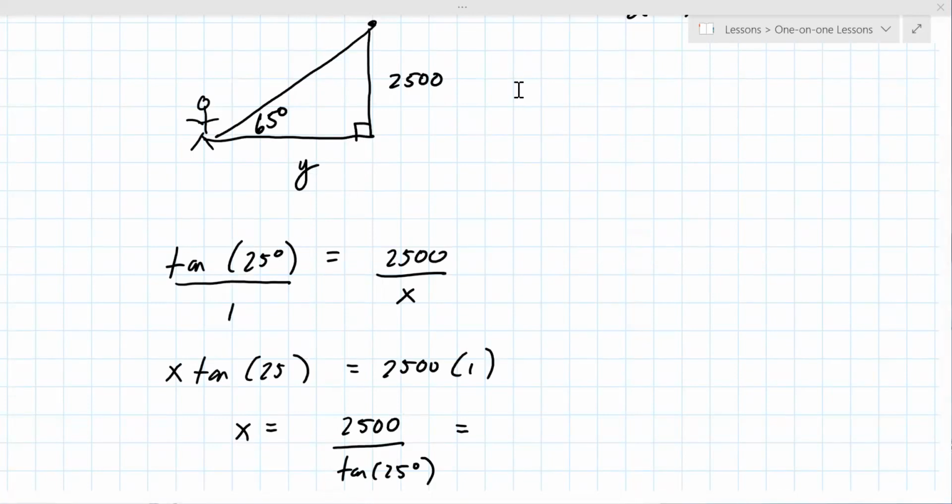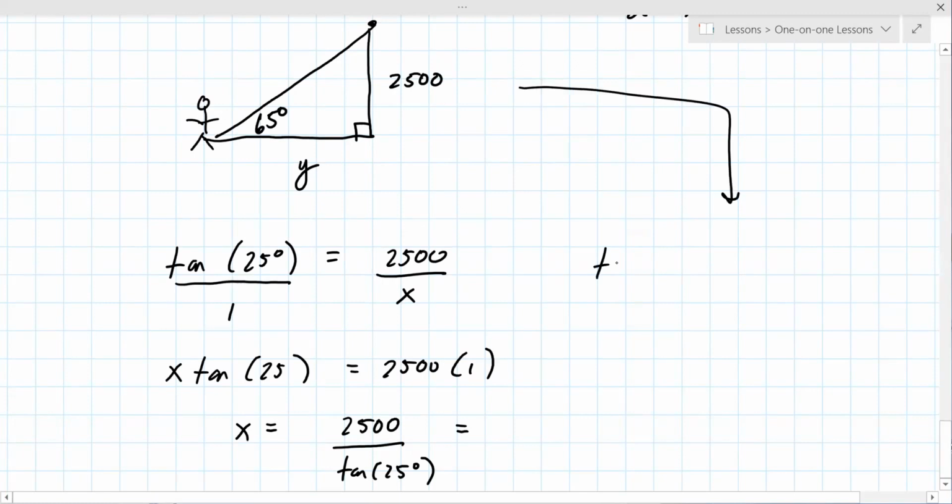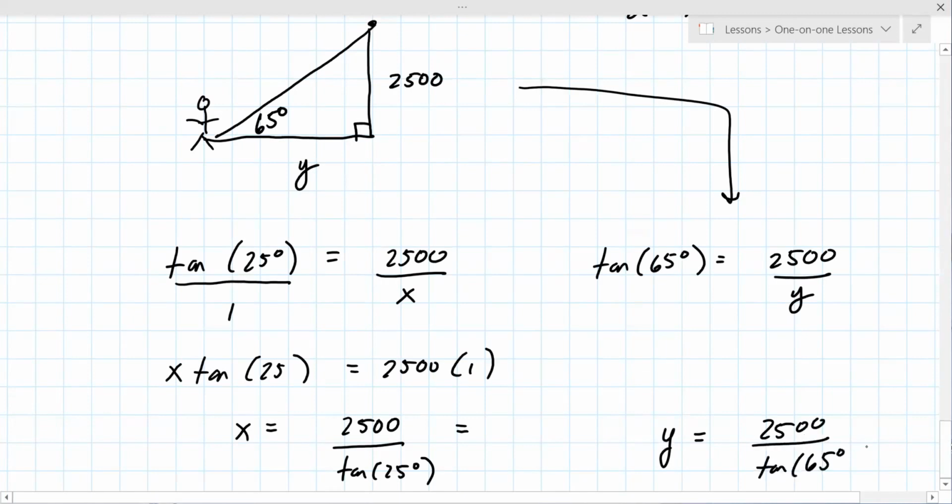So in this, we'll write this over here. So the tangent of 65 degrees equals 2500 over y. And it's the same steps to solve for it. See if you're comfortable getting down here to 2500 over tangent of 65. And these are both distances, correct?